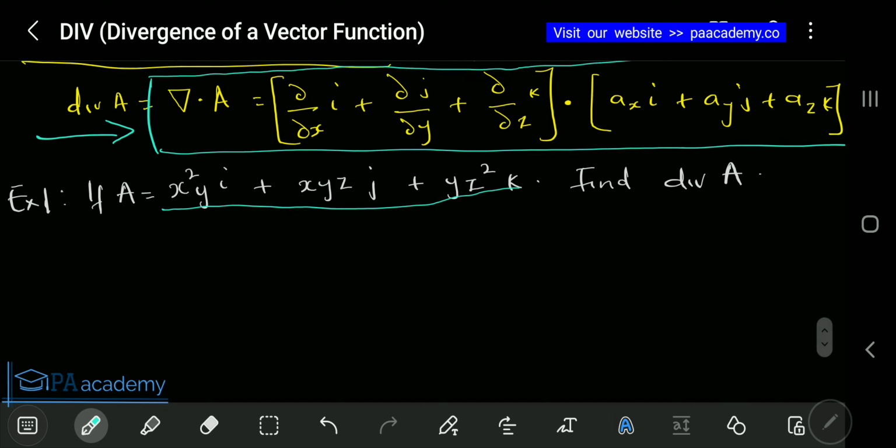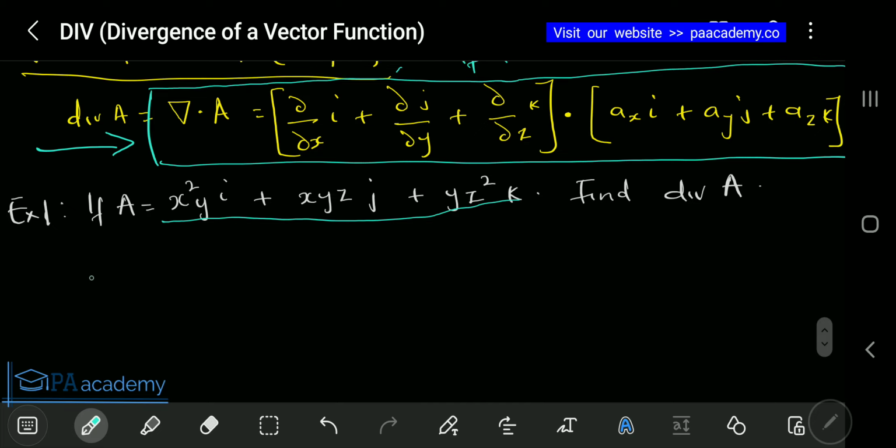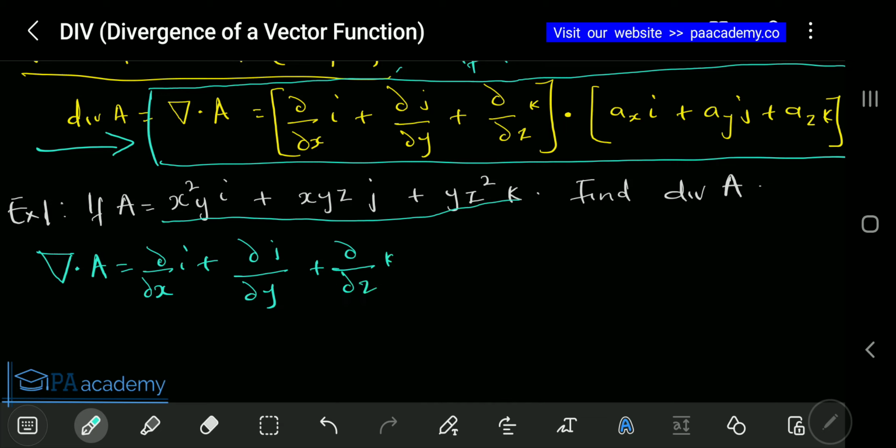So that means we are going to have del dot A equals the partial differentiation with respect to x of i plus partial with respect to y of j plus partial with respect to z of k, multiplied by the dot product of the function.